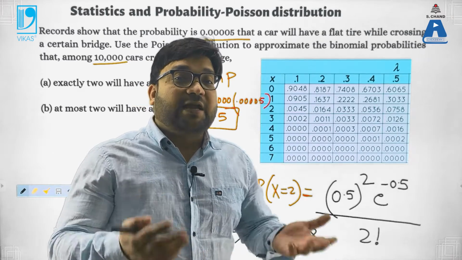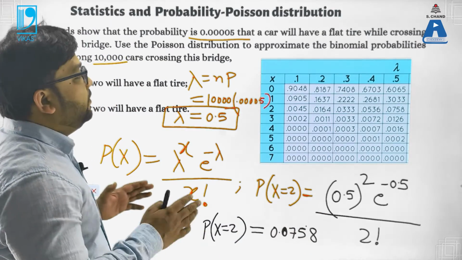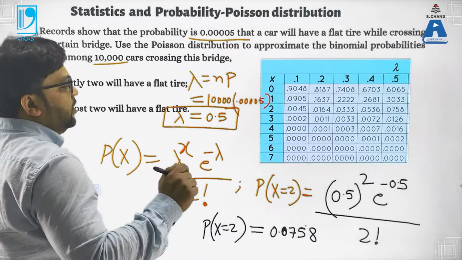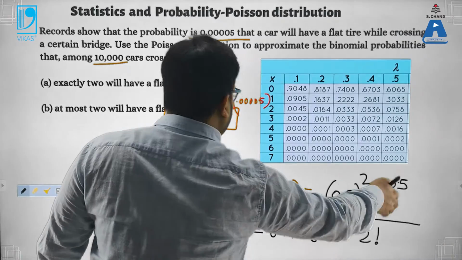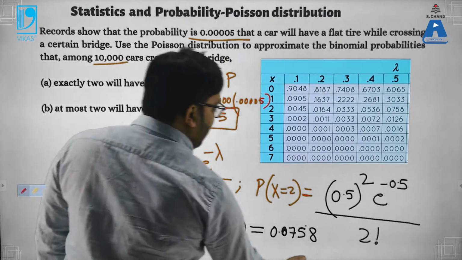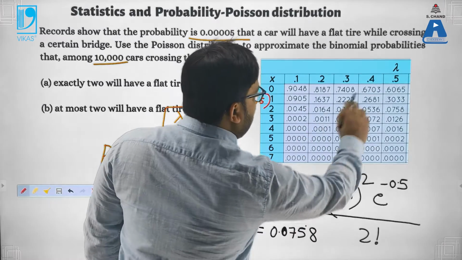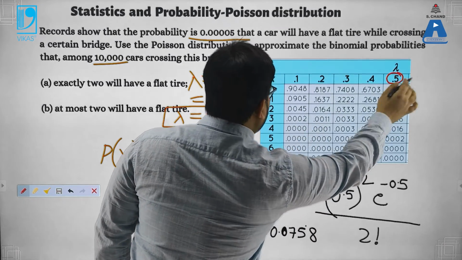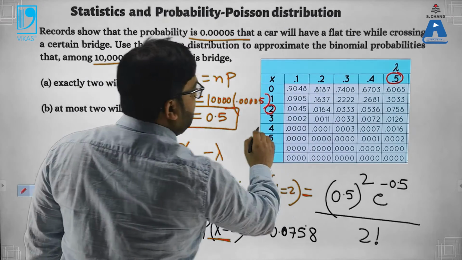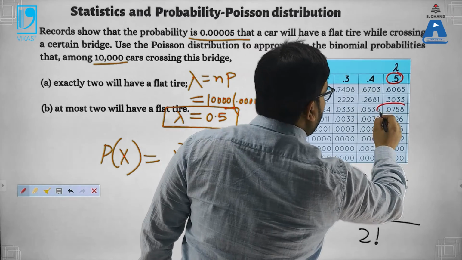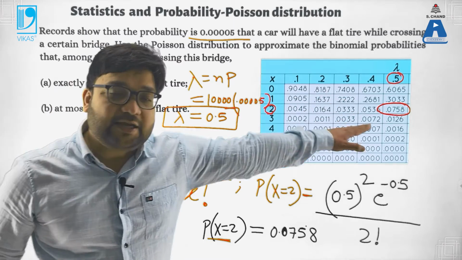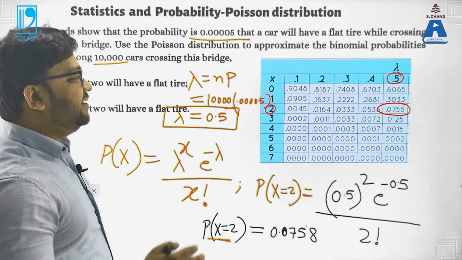It is going to take some time to calculate, so we have tabulated everything for our convenience, so that we don't have to do these calculations every time. If you look at the table carefully, you'll find this number already there. For lambda equal to 0.5, and x equal to 2, if you see, 0.0758, this number is already tabulated there, right?